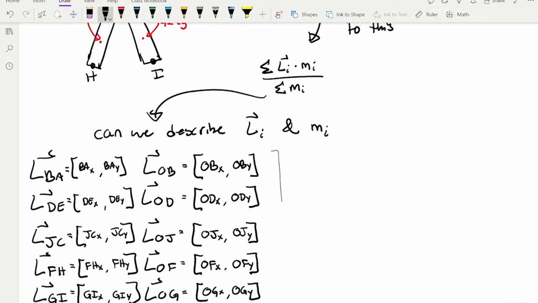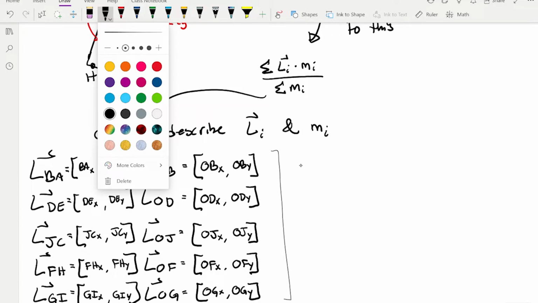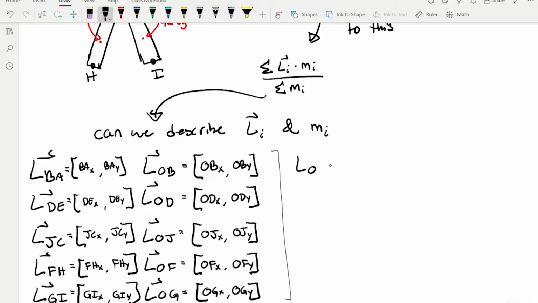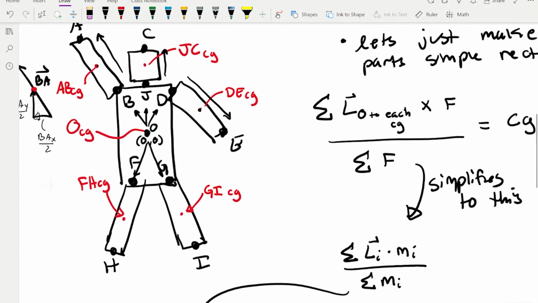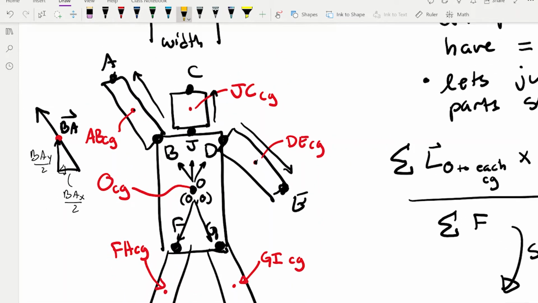All right, so let's make a new vector system here. Let's call this LO to the CG of arm 1. And for convenience, let's write some more points out there.